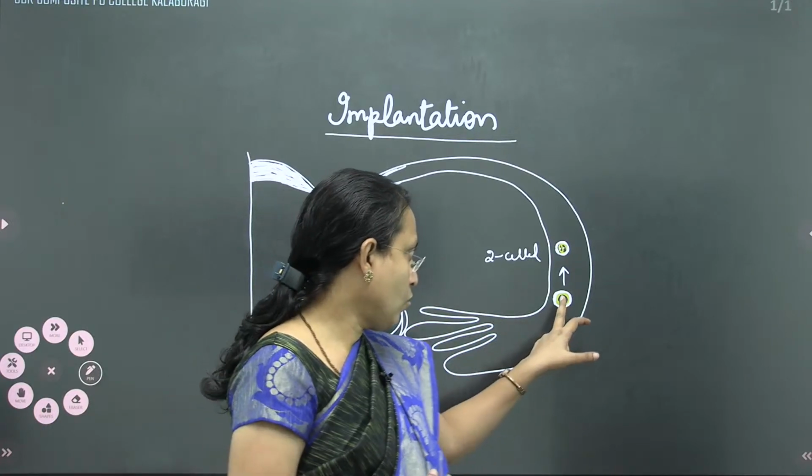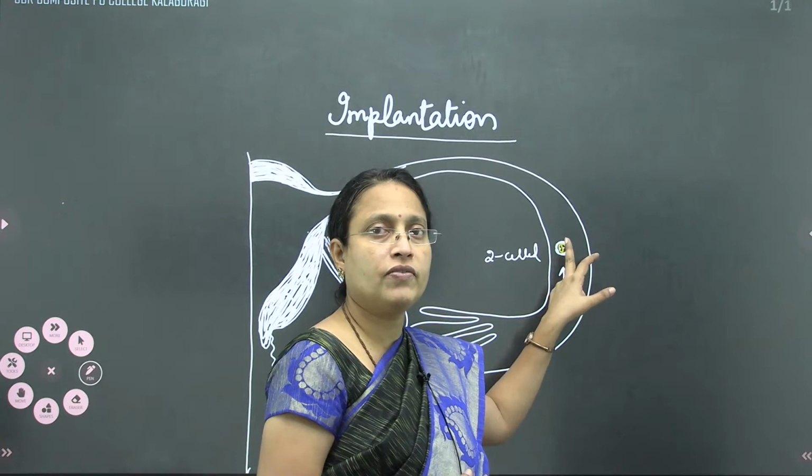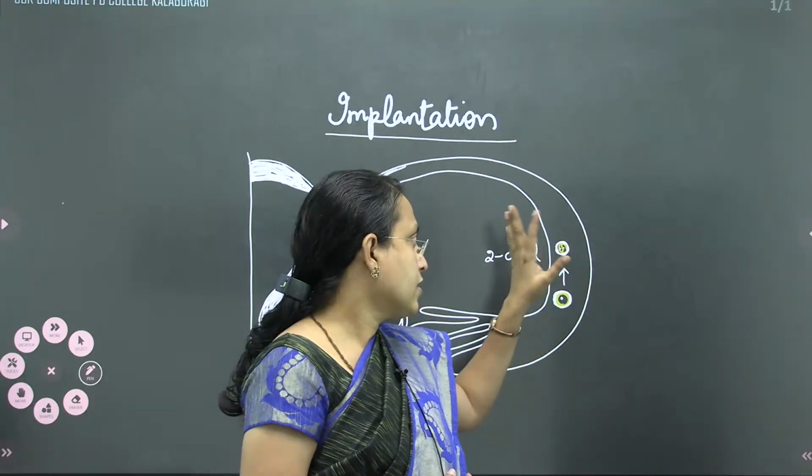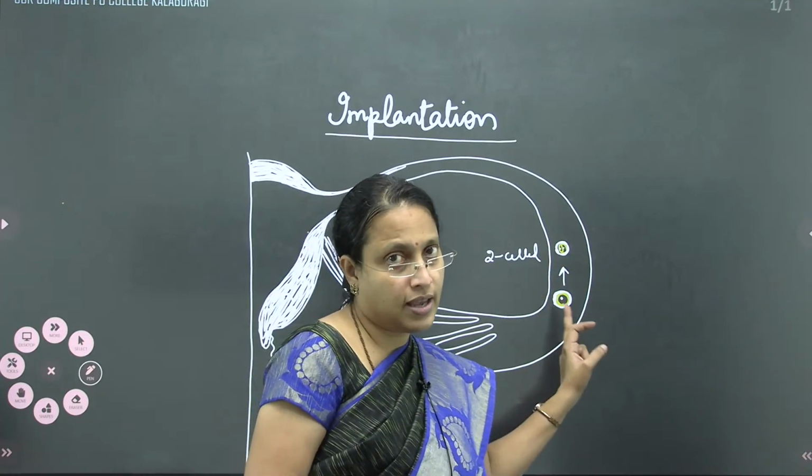So the size remains the same here; the two-cell stage size is similar to the zygote size.